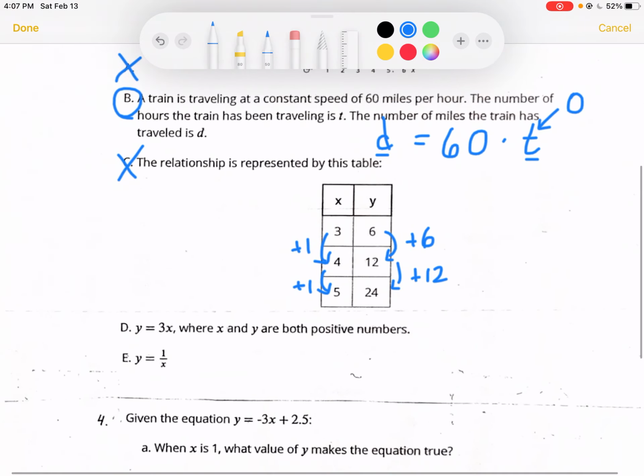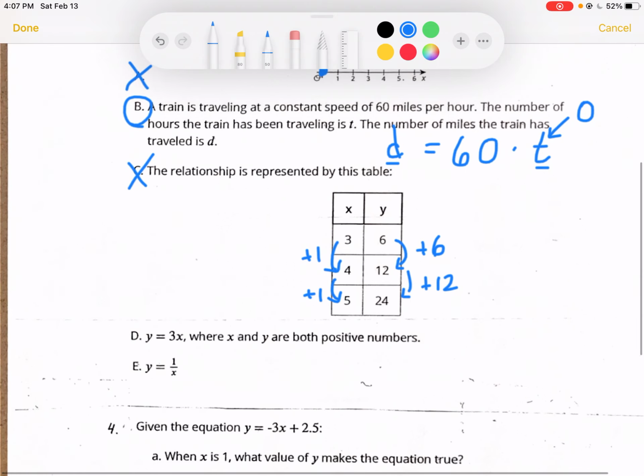2 more choices. D, y equals 3x, where x and y are both positive numbers. Well, this one's a tiny bit tricky, if you ask me. When you think about a proportional relationship and you say it's got to go through 0, 0. If x is 0, then y is 0. Well, when you first look at this equation, you go, okay, 3 times 0 equals 0, right?